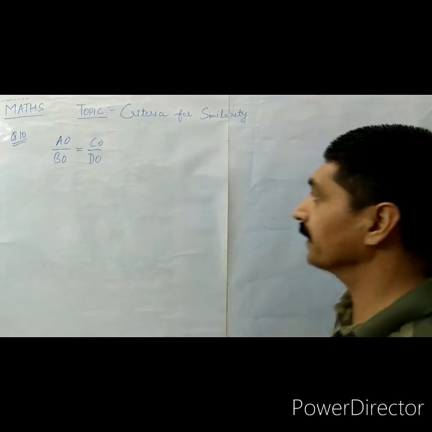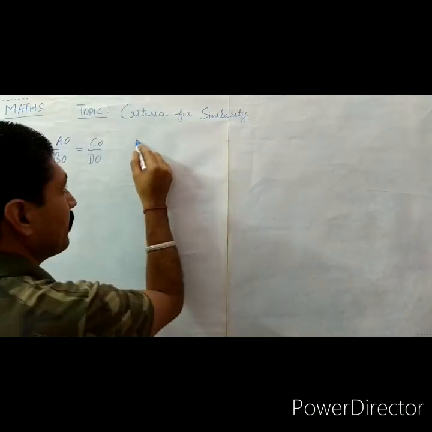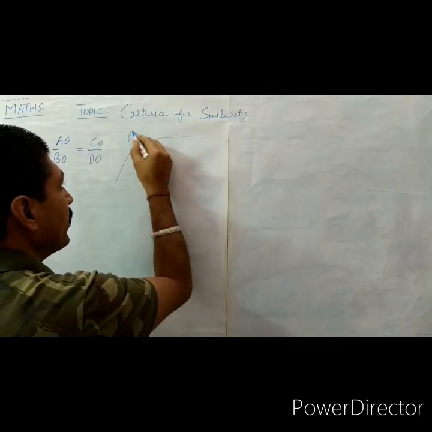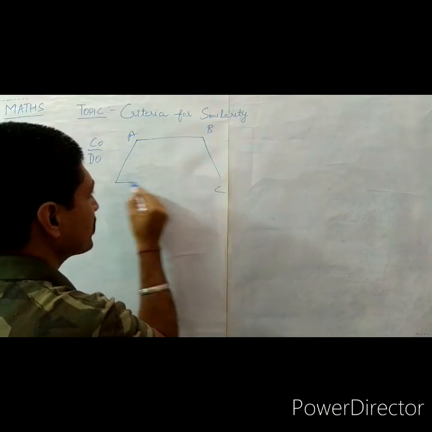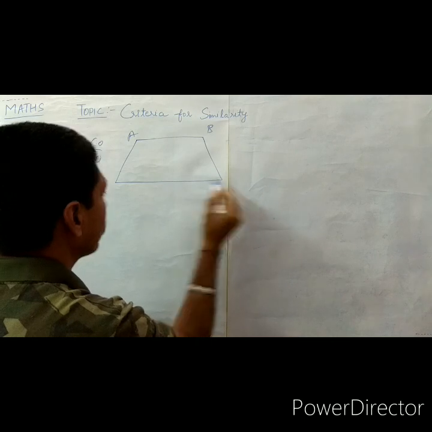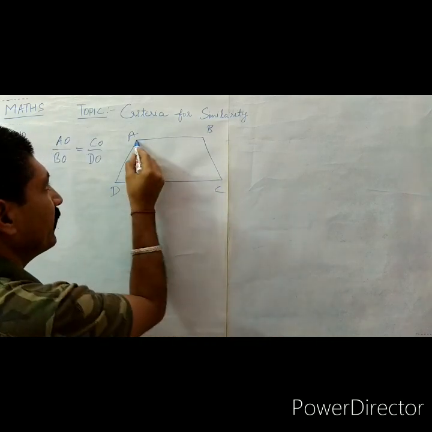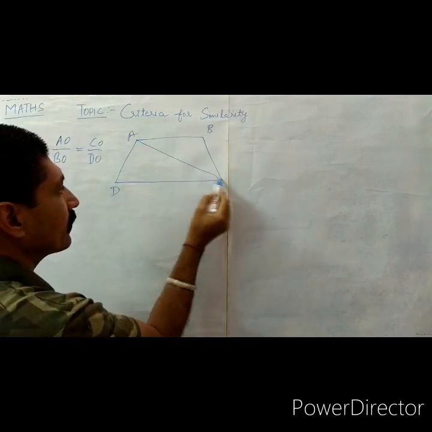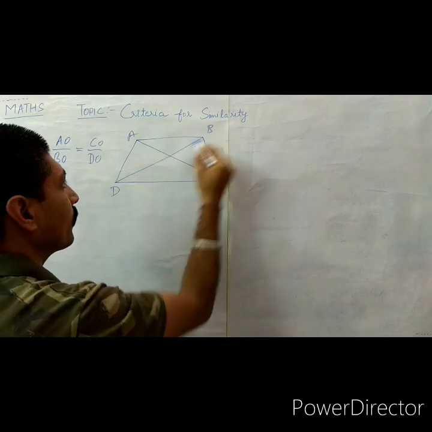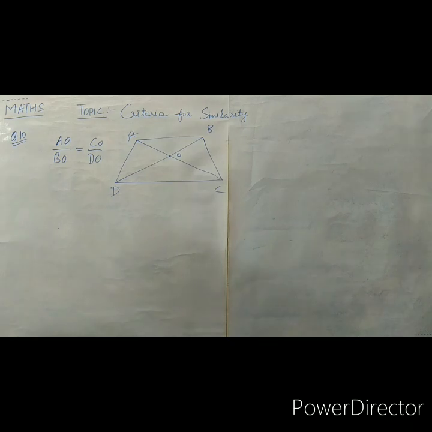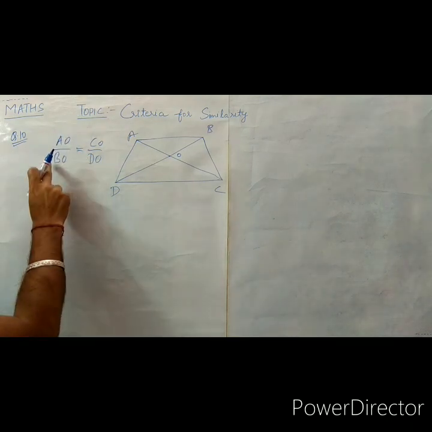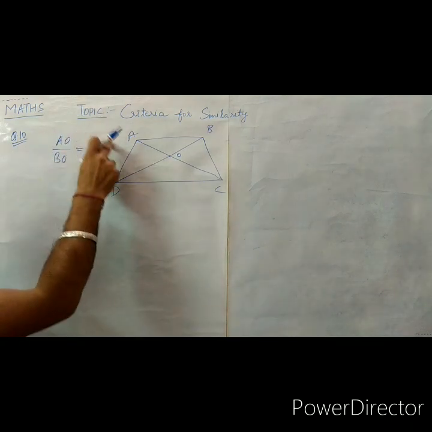A quadrilateral ABCD is given, and the diagonals of the quadrilateral meet at O. So AO upon BO is equal to CO upon DO.